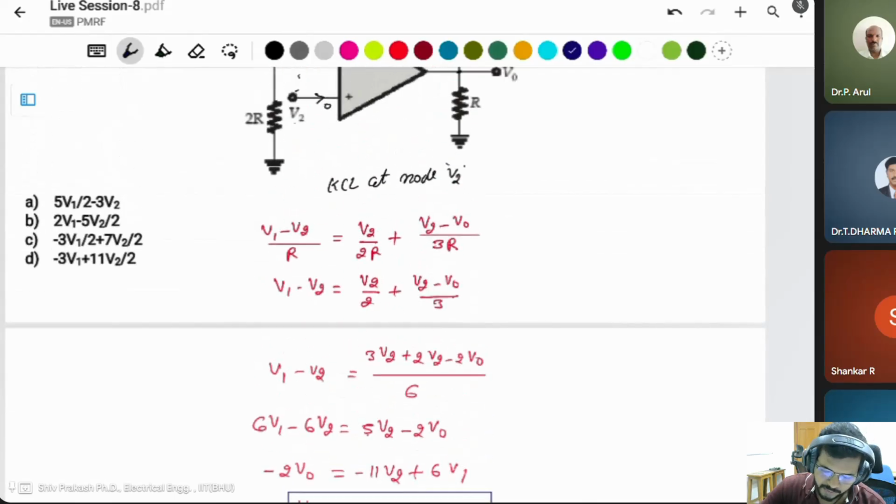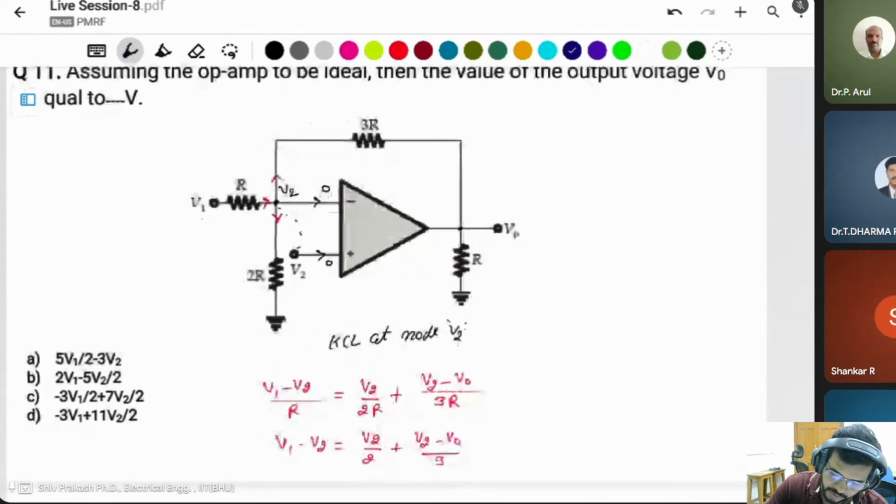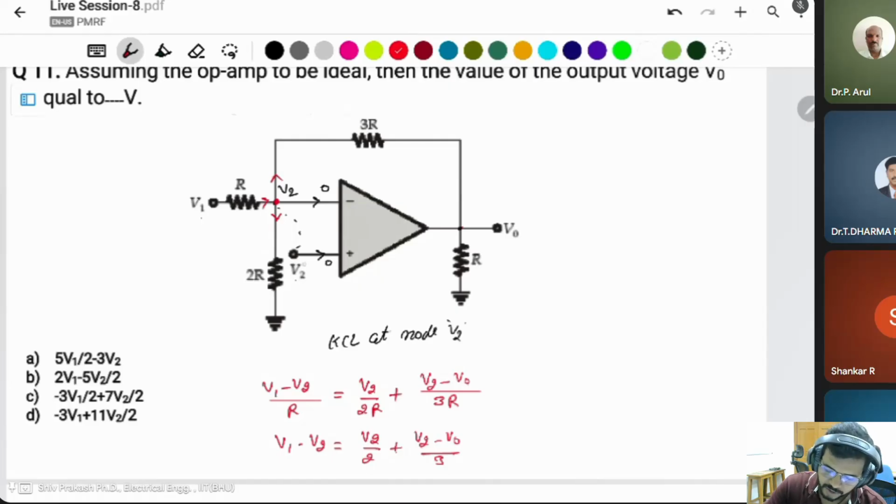So simply you can apply KCL at this node because these two voltages are the same. Then the incoming current is this one, and this current is divided into two parts, this part and this part.